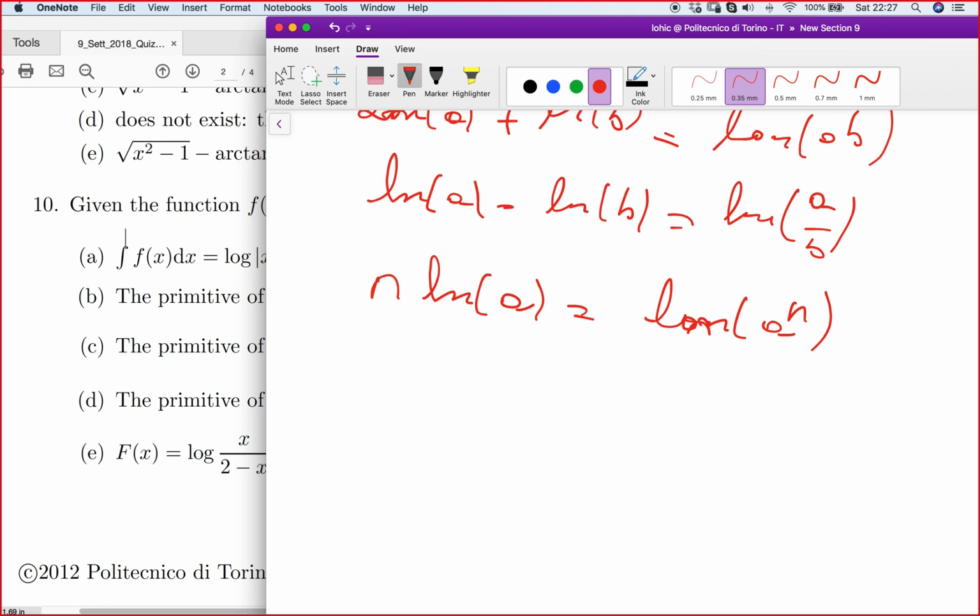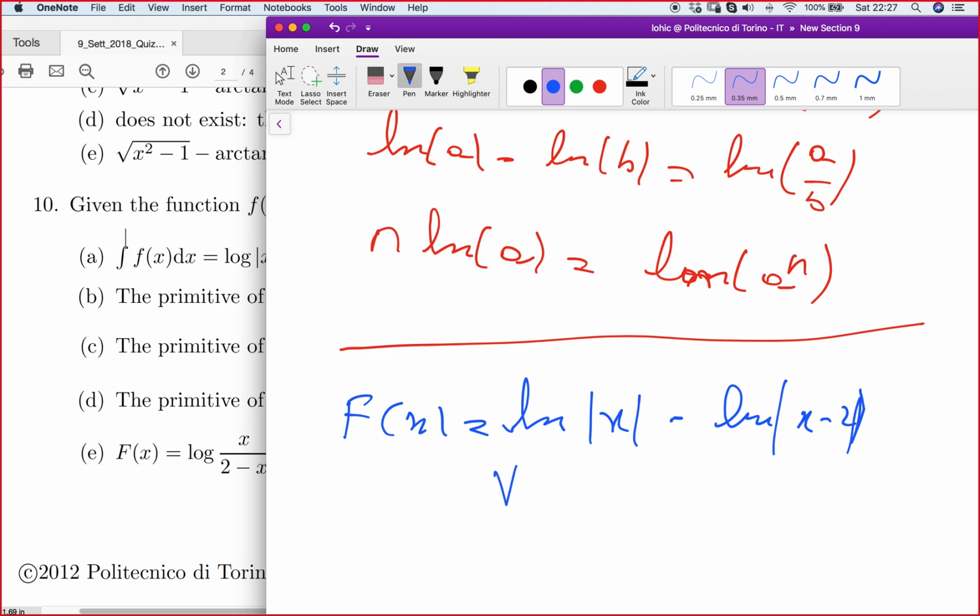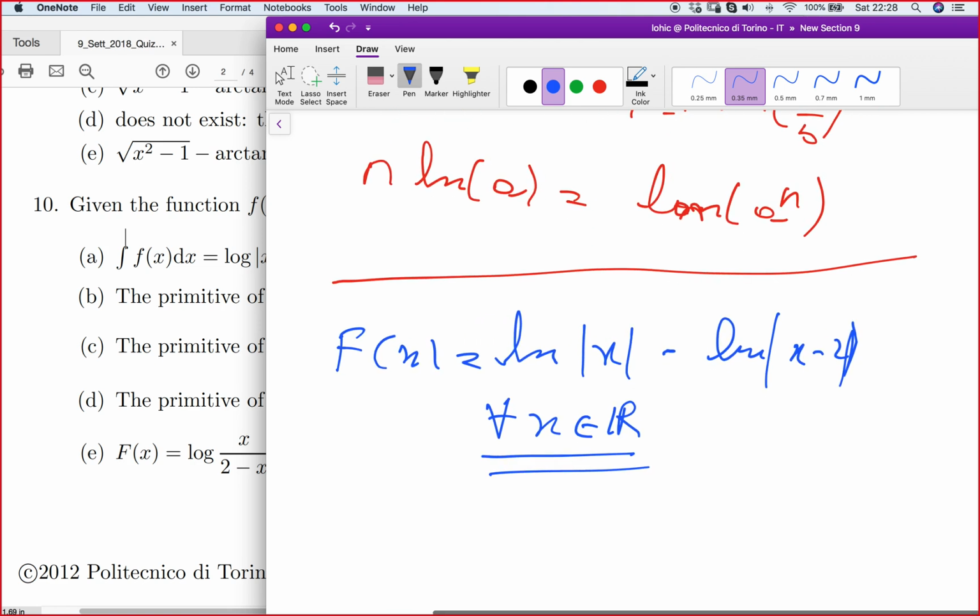Good. So this means what? That we got that the primitives for this function are f of x equal to the logarithm of absolute value of x minus the logarithm of absolute value of x minus 2. This is for all x, let's say, not belonging to R, but let's write it like this for the sake of simplicity, okay?